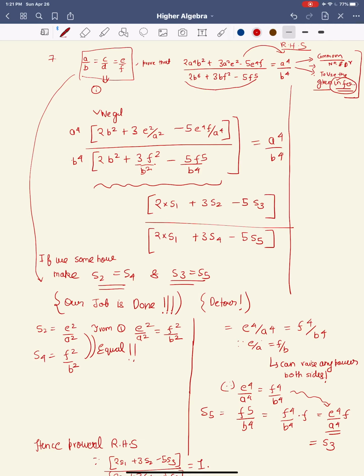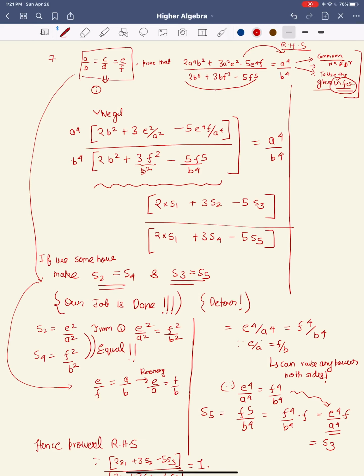When you use it, you see that S2 and S4 are equal, because from this arrow, e to the power f equals a over b. If we rearrange this, we get e over a equals f over b.